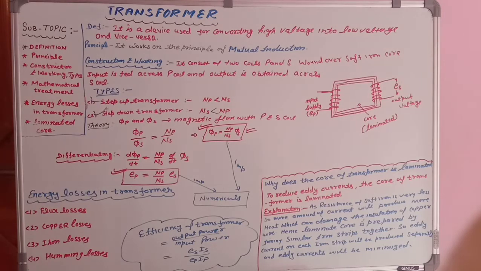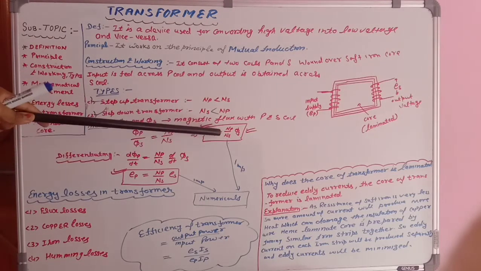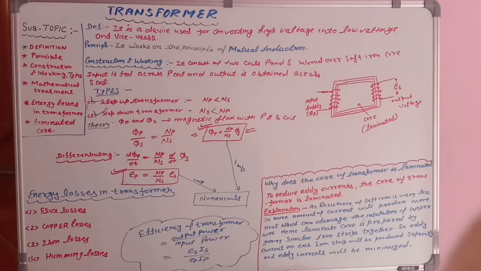Obviously, the more the number of turns, the more will be the magnetic flux. So phi P upon phi S is equal to NP upon NS. From here you can write that phi P is equal to NP upon NS into phi S.